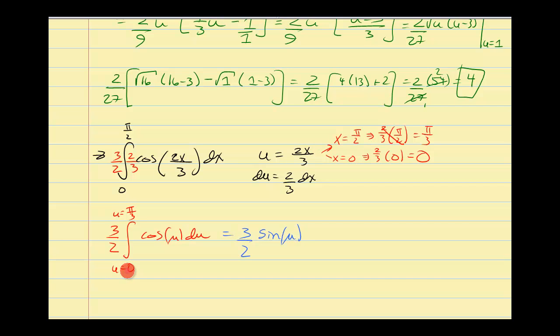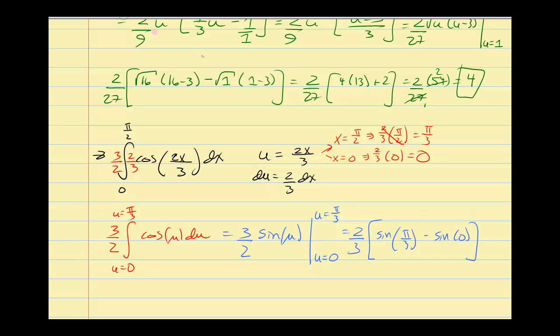If I had not changed my limits of integration, I would have had to rewrite this as sine 2x over 3 and evaluate it from 0 to pi over 2. But because I changed my limits of integration, I now evaluate this from u equals 0 to u equal pi over 3. Pull that 3/2 out front, keep your numbers smaller, less cluttered solution, and I have the sine of pi over 3 minus the sine of 0.